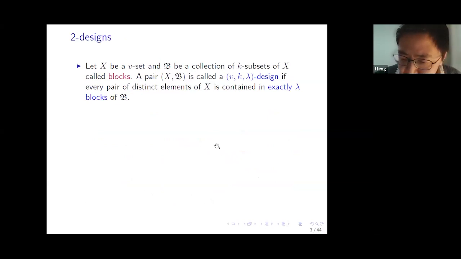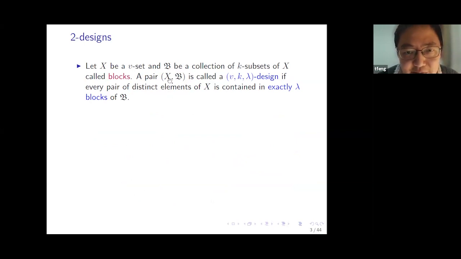Next, I will illustrate why people are interested in difference families, because they can produce designs. Let X be a v-set and B be a collection of k-subsets of X. Each k-subset is called a block.